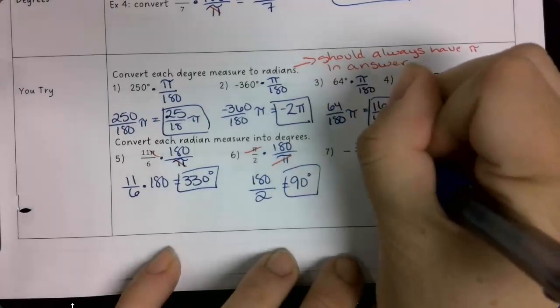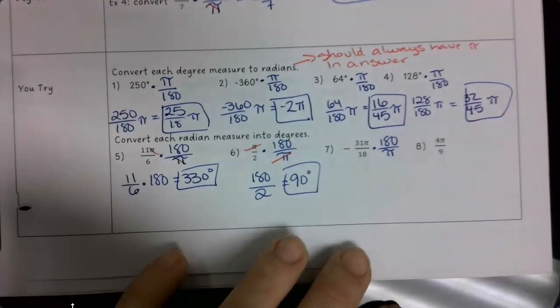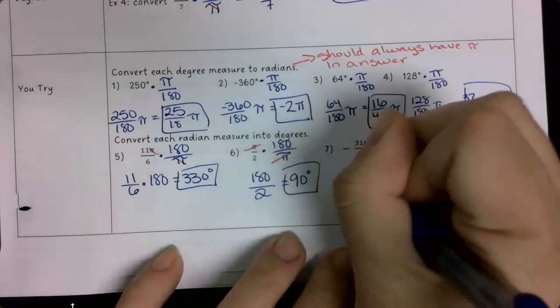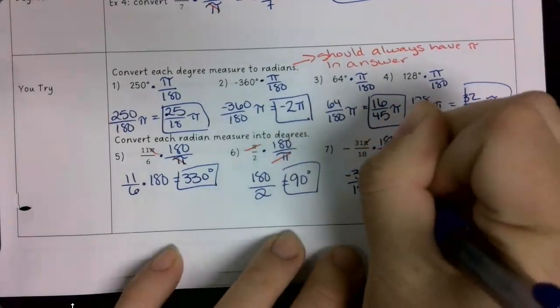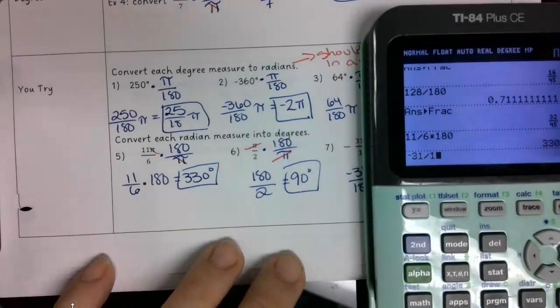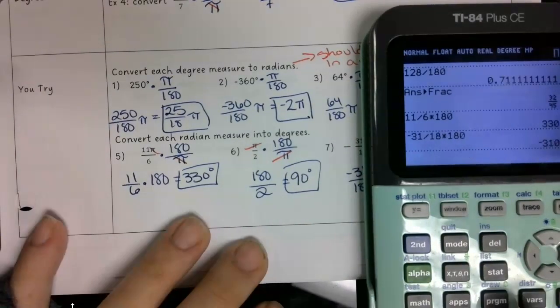Same thing for number 7. I multiply by 180 over pi. My pi's will cancel out. So I'm going to take negative 31 over 18 times 180, which gives me negative 310.